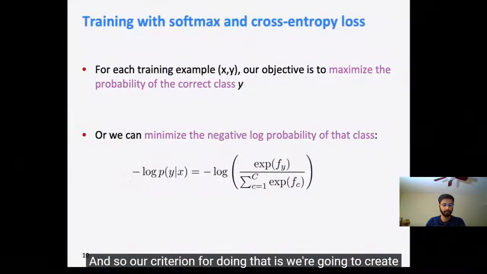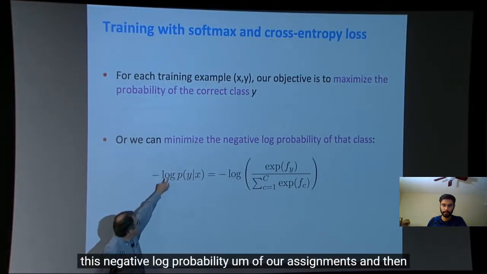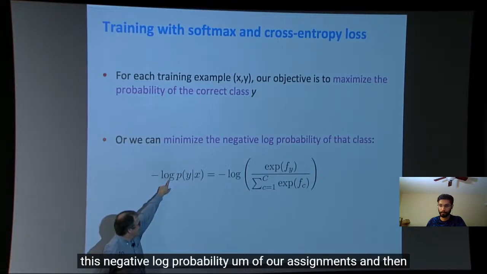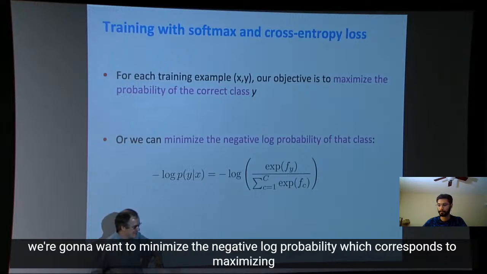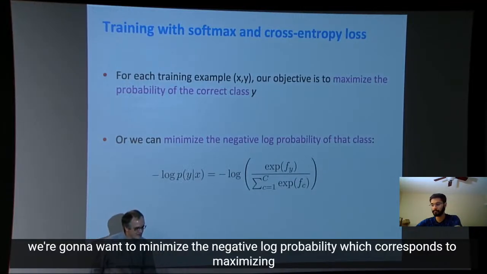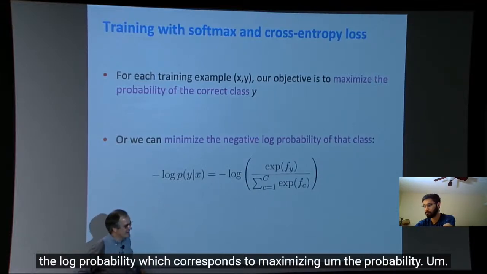Our criterion for doing that is to create the negative log probability of our assignments, and then we want to minimize the negative log probability, which corresponds to maximizing the log probability, which corresponds to maximizing the probability.